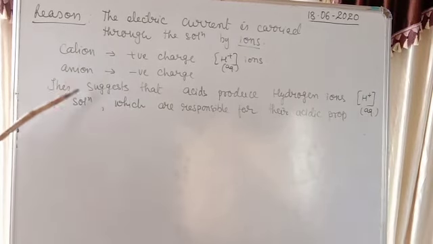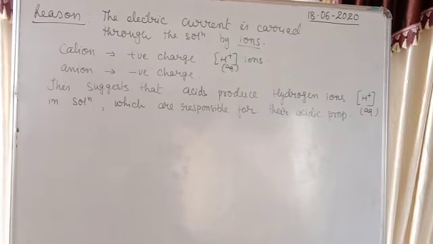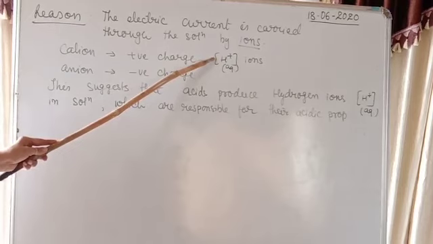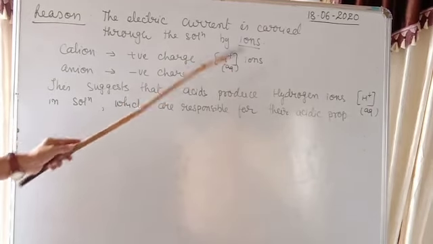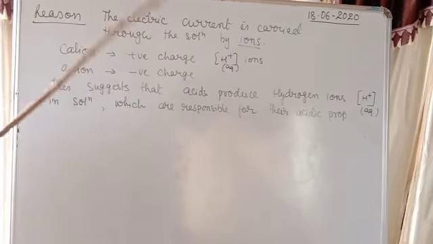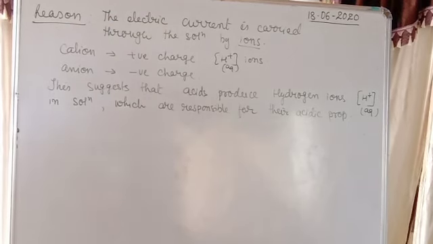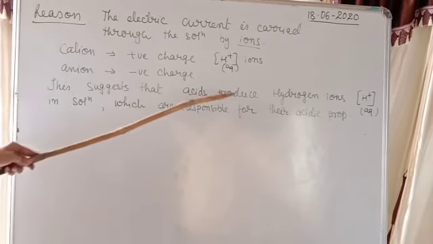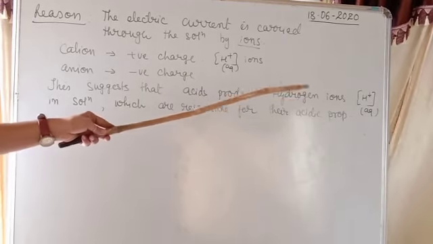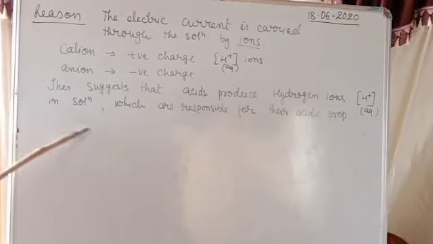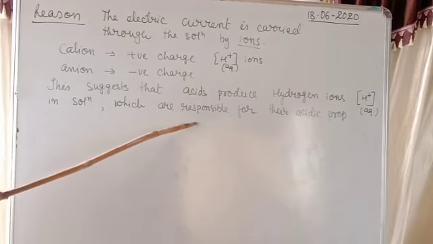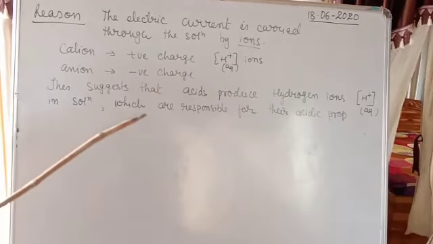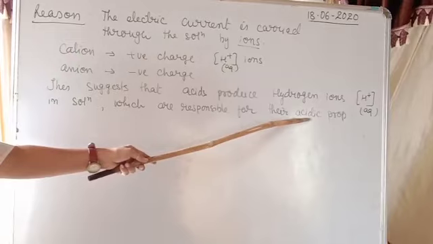Cation is positive in charge, and in this activity it is H+(aq) ion. Anion is negative charge; in another activity when we react with water, we will come to know more. This suggests that acids produce hydrogen ion H+(aq) in solution, which is responsible for their acidic property.